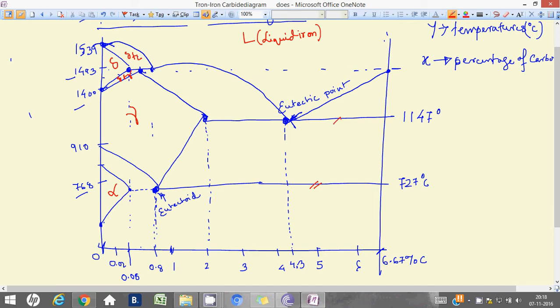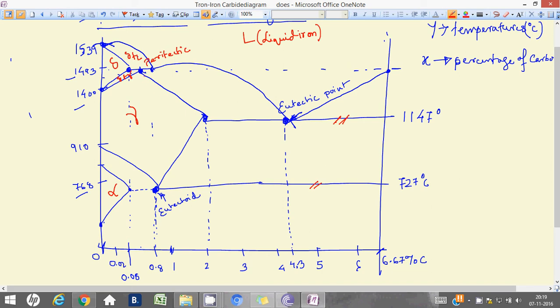This can be called the eutectoid line, this second line is the eutectic line, and this is an isotherm. Why am I saying isotherm? Because it has a constant temperature, so this is called the peritectic line.